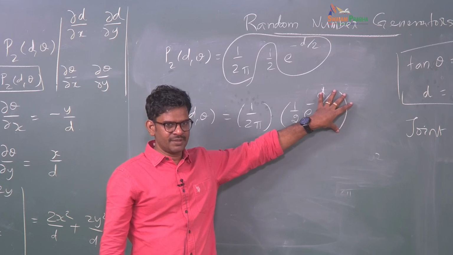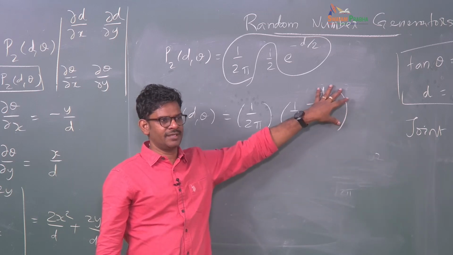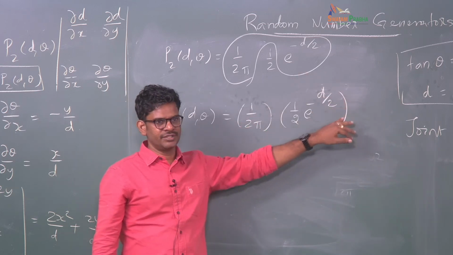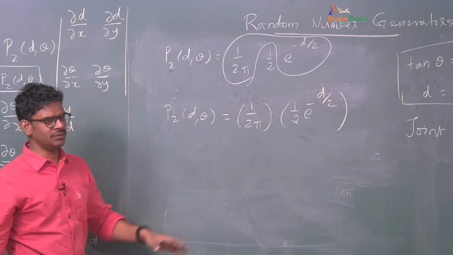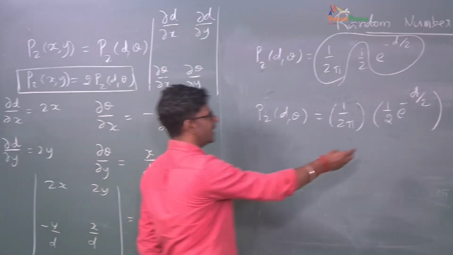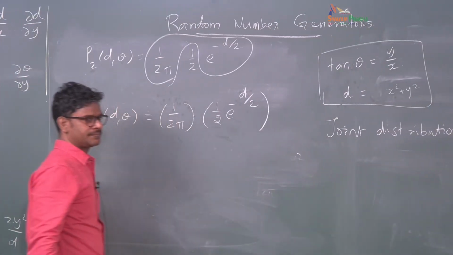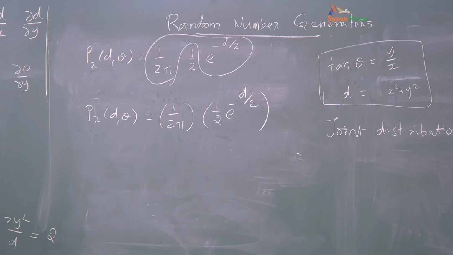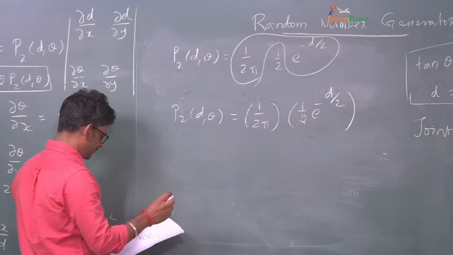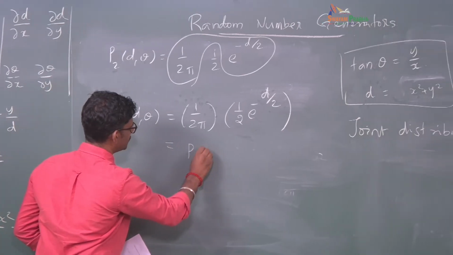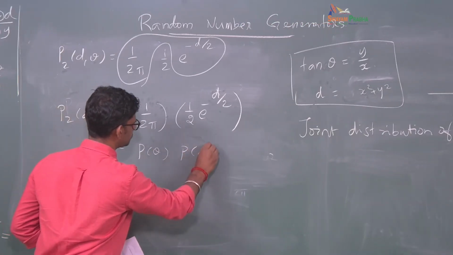We can use the inversion method I discussed before to get the exponentially distributed random number for d. Once we get those two, all we have to do is go back here and solve for x and y. So this is actually p of theta and this is p of d.